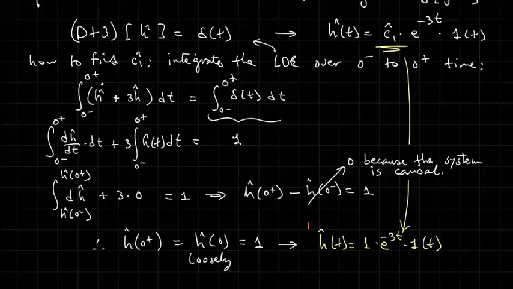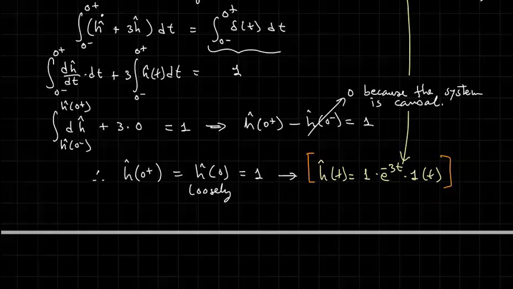That's not our final answer, so let's just bracket it. That's h hat. That is the response for a system L operating on y hat equal to u of t.